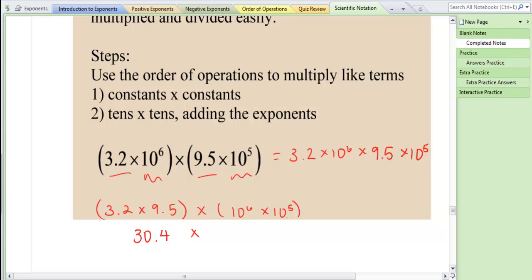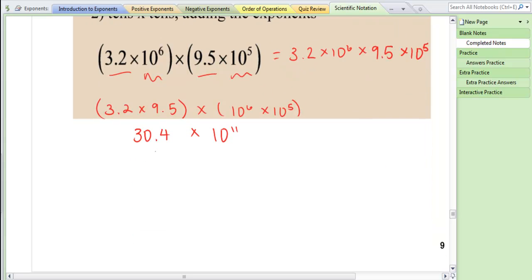And then 10 to the 6th times 10 to the 5th, I keep my base of 10 and add my exponents 6 and 5 to get 11. Now, is this written in scientific notation? No, because we need to have only one digit to the left of the decimal. So I'm going to have to move that decimal over one place.